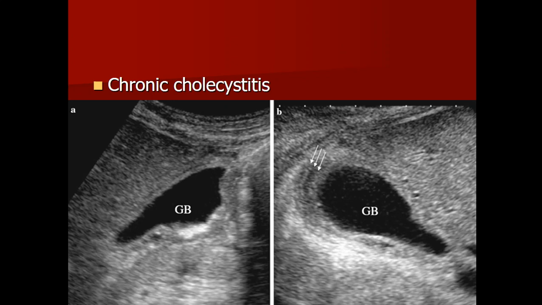That's the upper arrow. Only by comparing the images before and after, that's A and B, the onset of acute inflammation can a decision of the wall thickening and the swelling of gallbladder correctly be made.